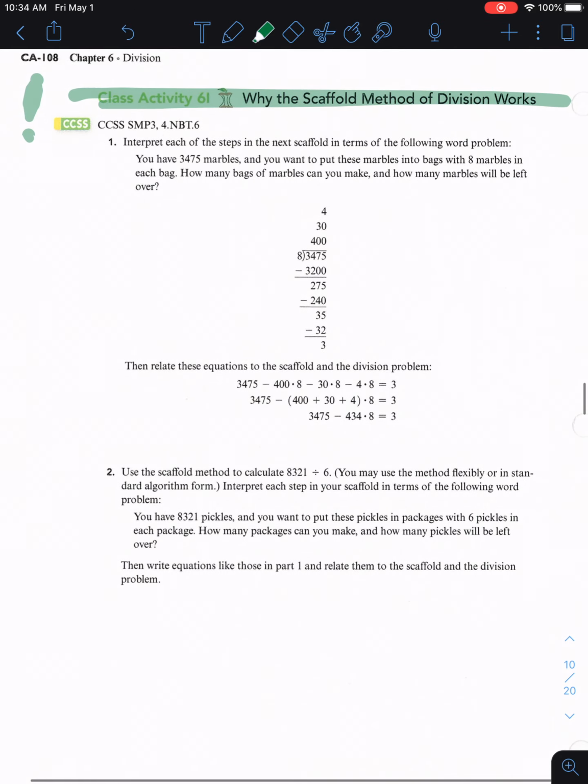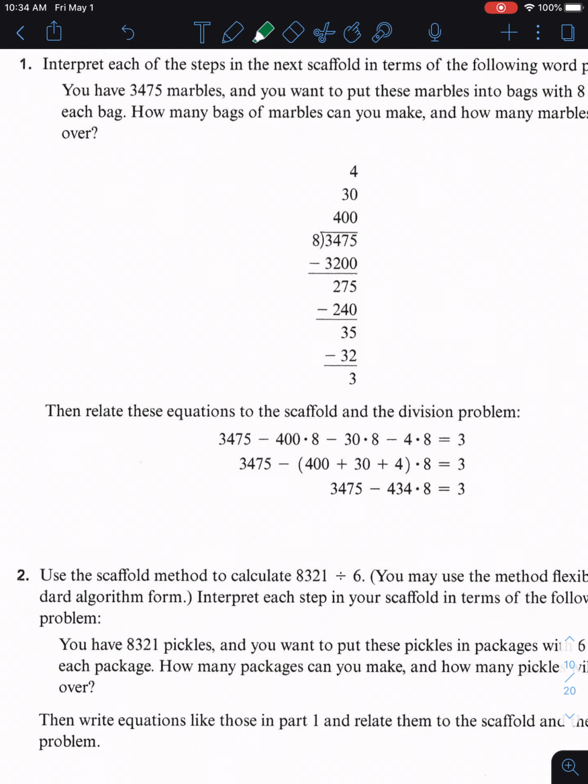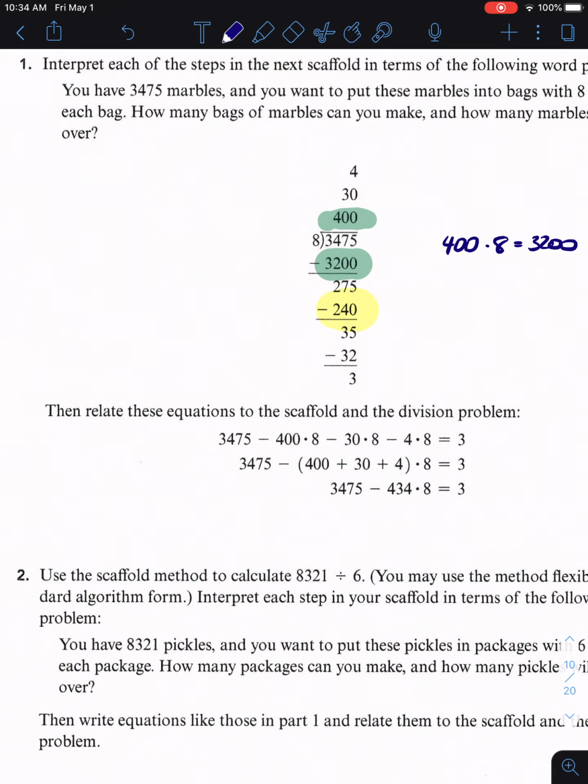So let's take a look at this question then. Notice that the student here is looking at 3,475 divided by 8. They recognize that 400 groups of 8 is 3,200. Then their next step, they have 275 left to separate out into groups of 8. They remember that 30 times 8 is 240.